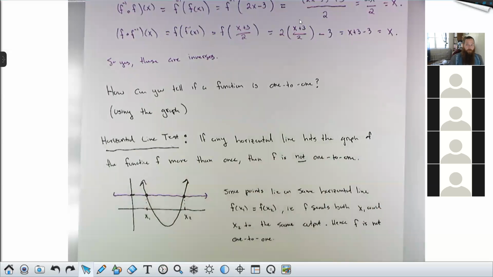Whatever that y value is, that's the output for x1, and it's also the output for x2. So both x1 and x2 are sent to that same output, which means this is not a one-to-one function, right?